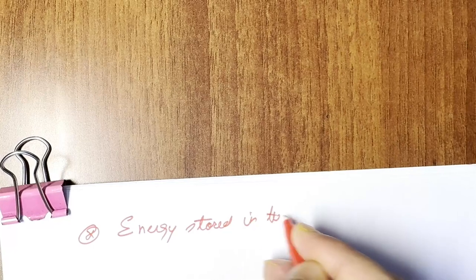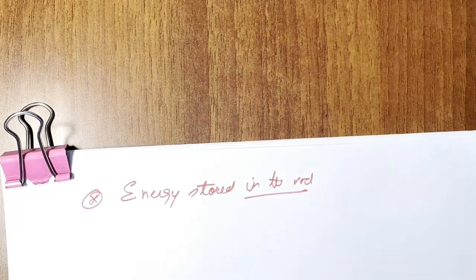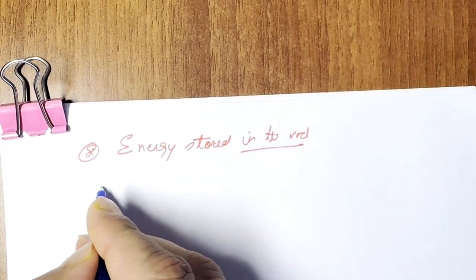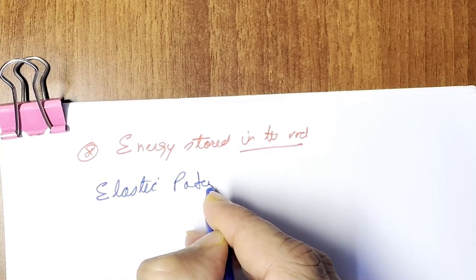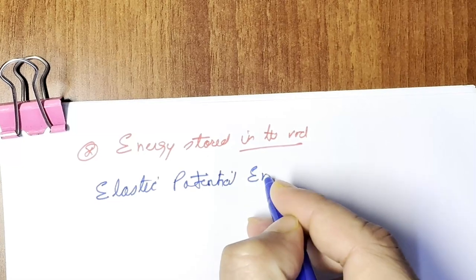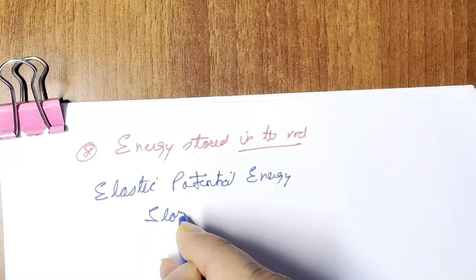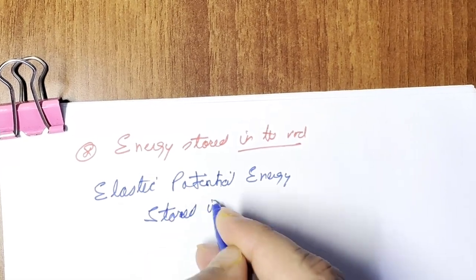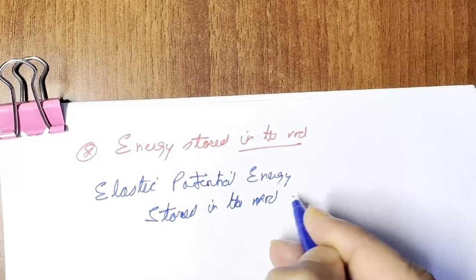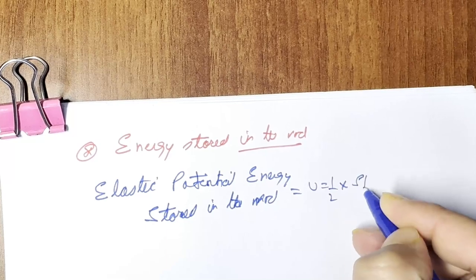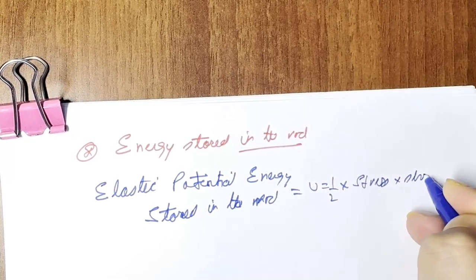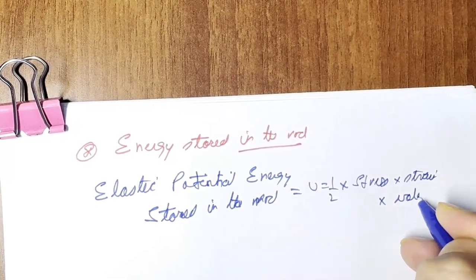So the elastic potential energy stored in the rod will be U equals half stress strain multiplied by volume.